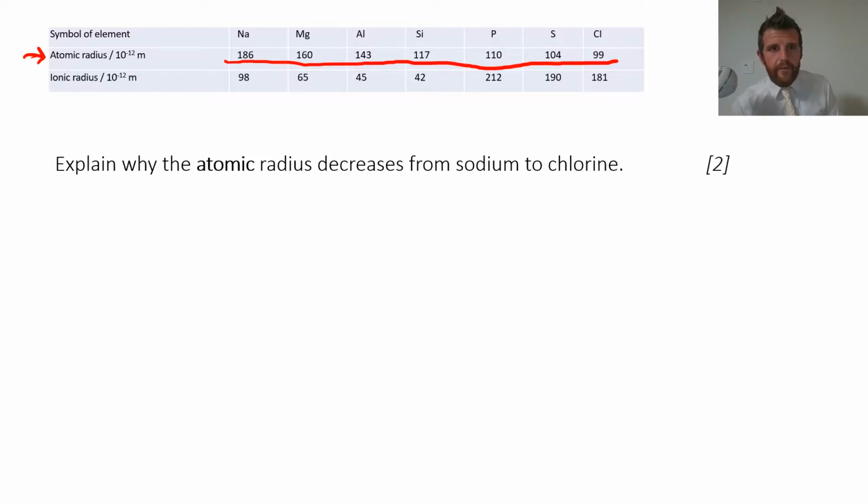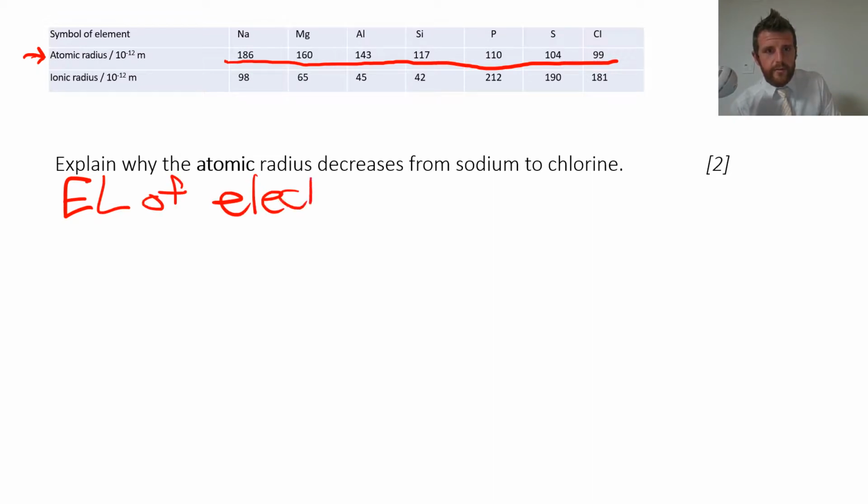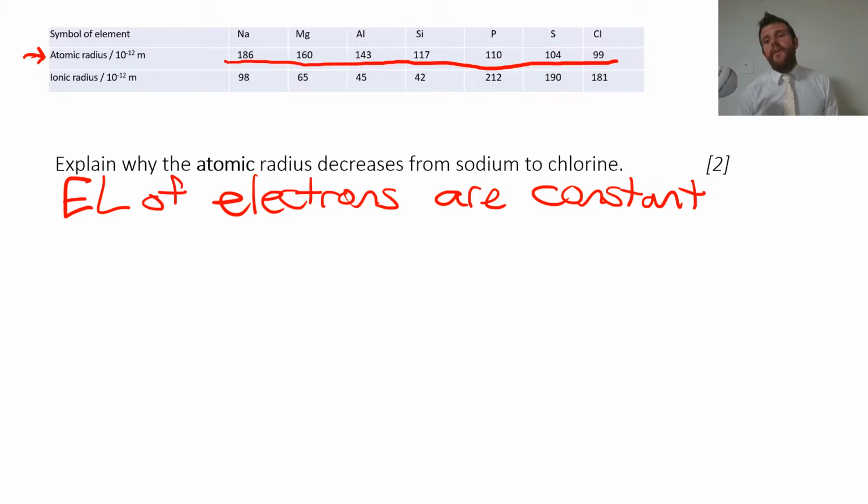So then what we have is energy levels of electrons are constant, or what you could say is shielding electrons are constant.